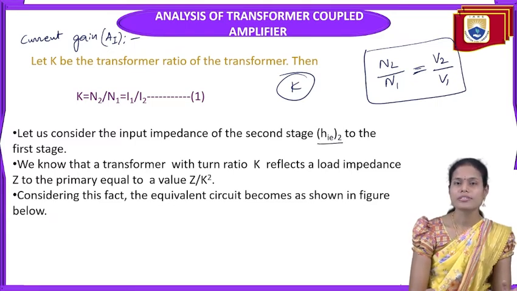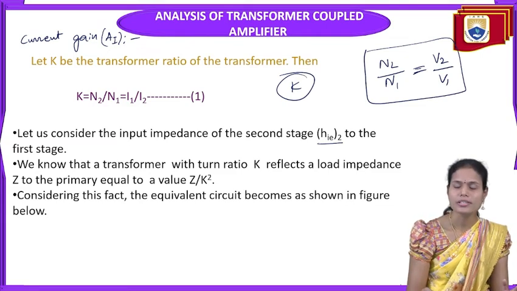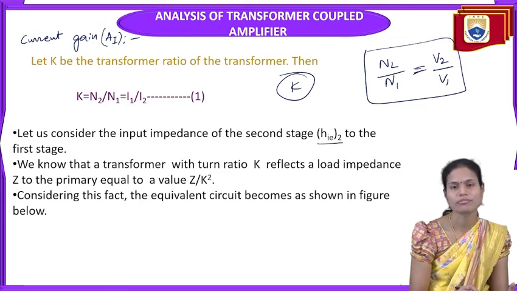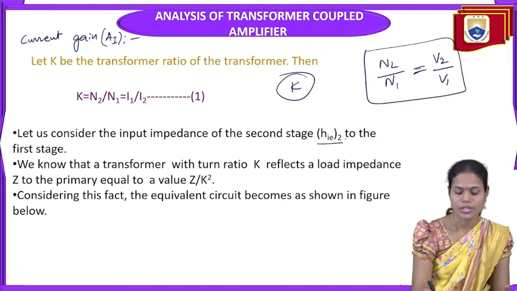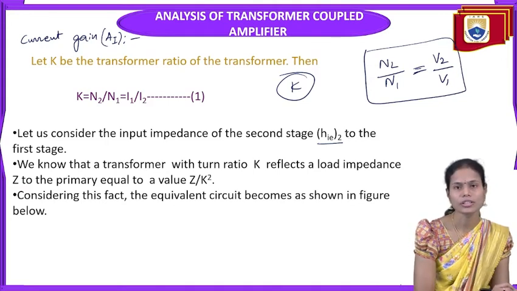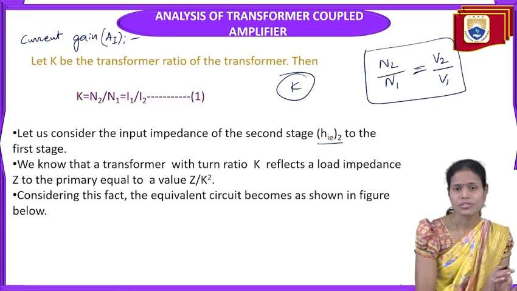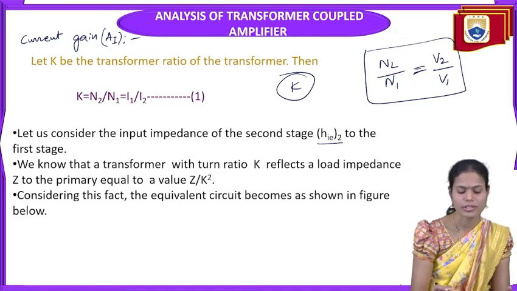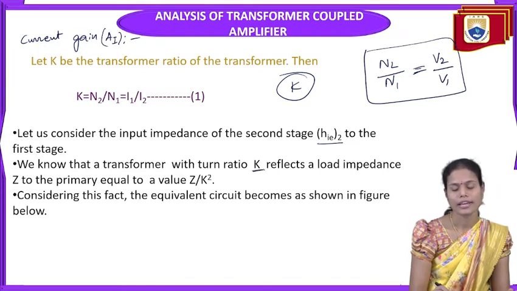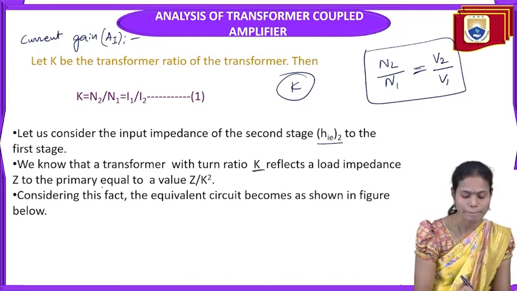Next we take the second stage input impedance as hie2. This second stage input impedance is reflecting back to the first stage due to impedance matching, as I have already mentioned. Once the input impedance of the second stage reflects back to the load resistance of the first stage, the transformer turns ratio K reflects a load impedance Z to the primary.